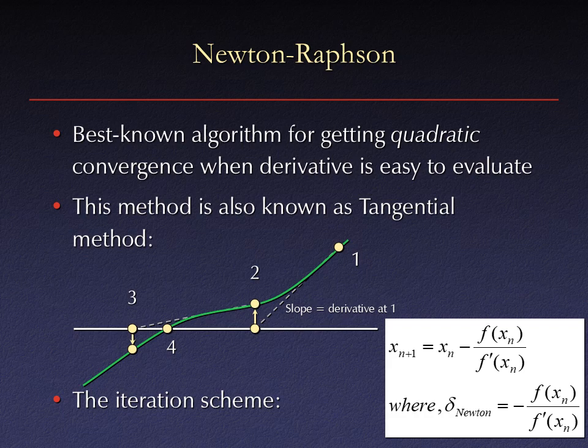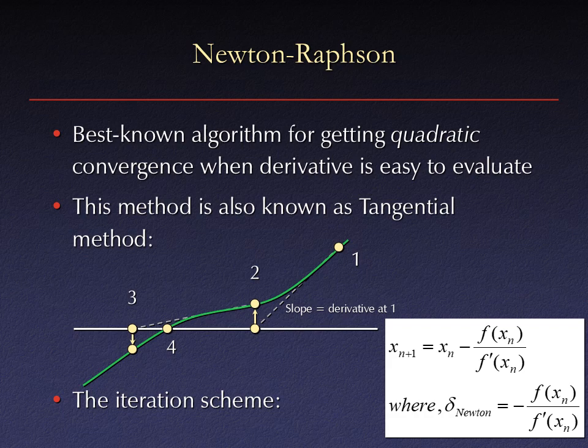In this method, suppose y = f(x), the blue curve, is our curve. Sorry, blue, not green. Here we choose an initial guess, this is our x0. Now we draw a tangent at point 1, and this tangent cuts the x-axis here, and we take this as our next approximation.